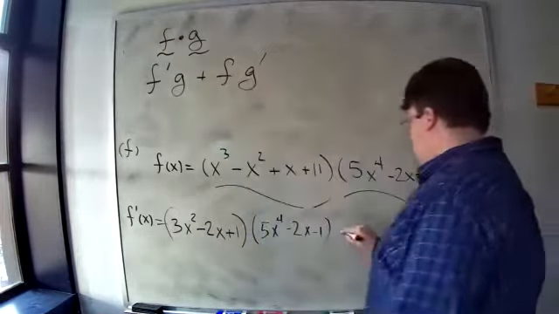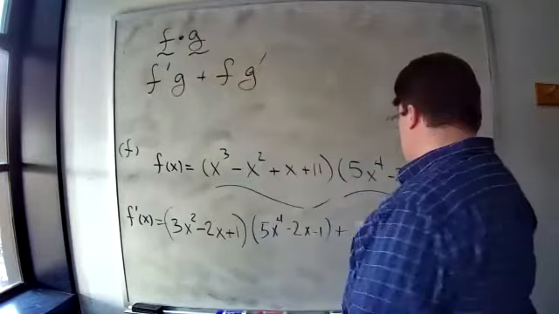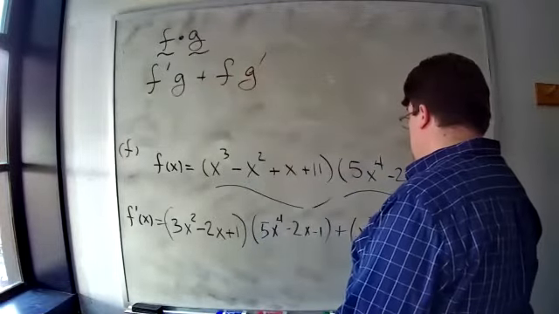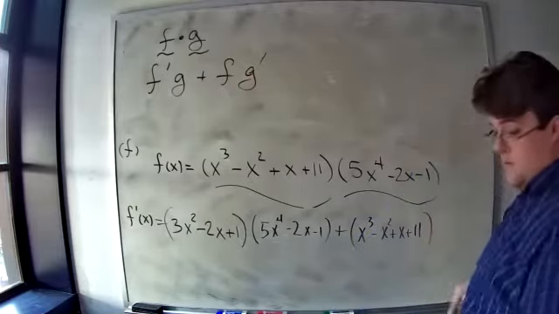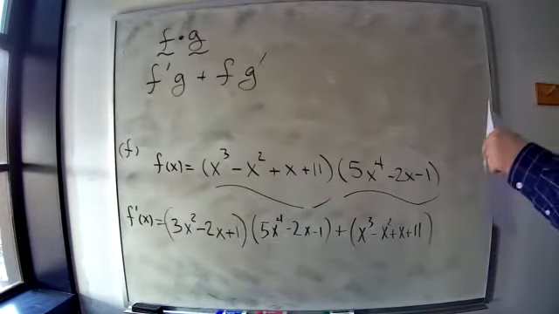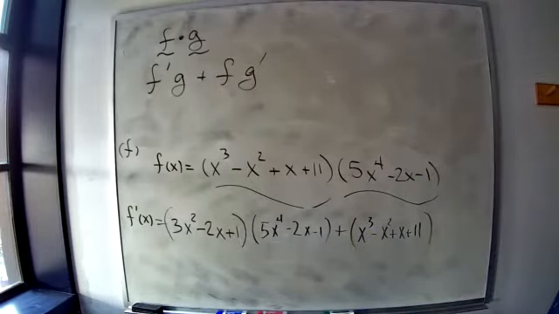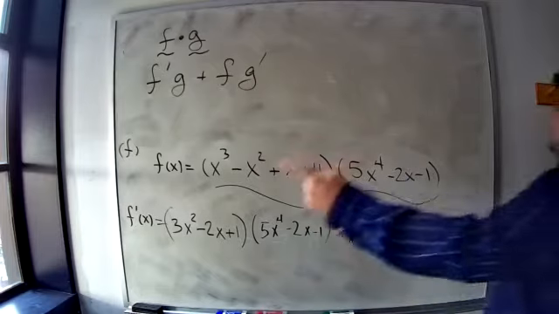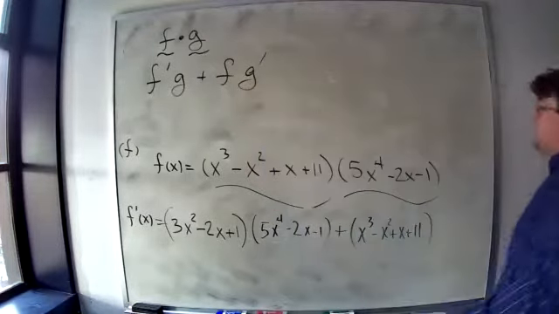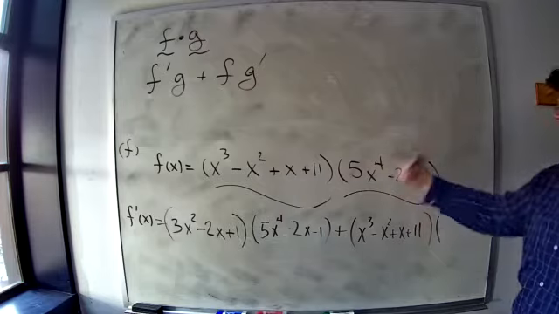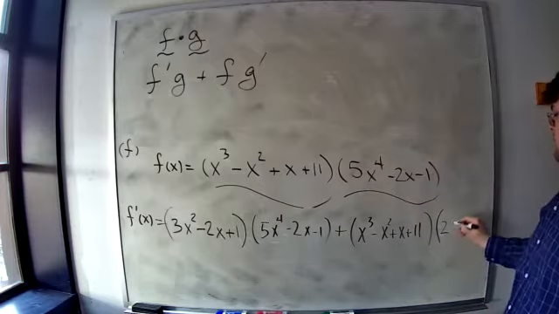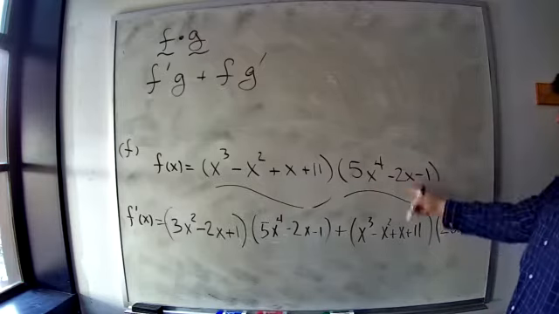So plus the first, making sure I have those signs right. Yeah. Plus the first times derivative of the second. Derivative of the second, 5 times 4x to the third, so 20x to the third, negative 2.